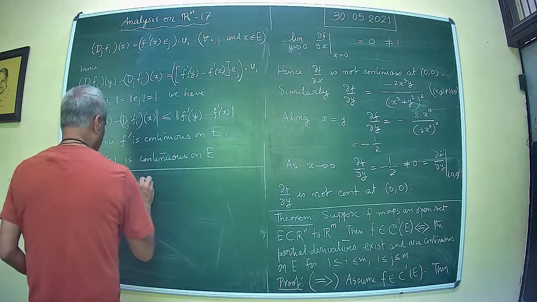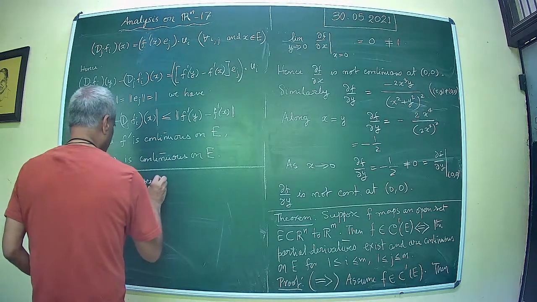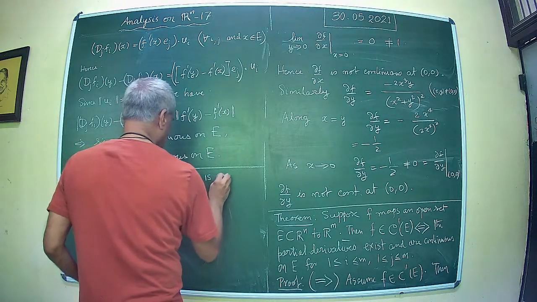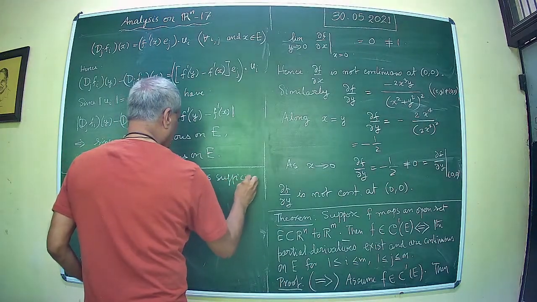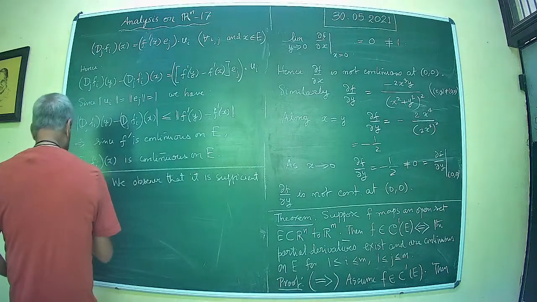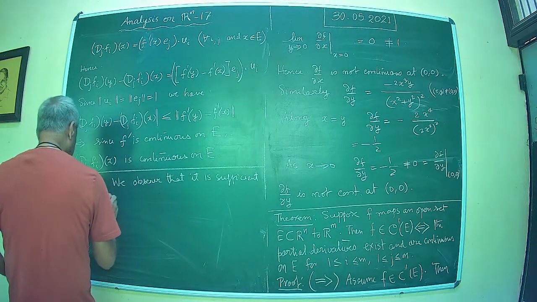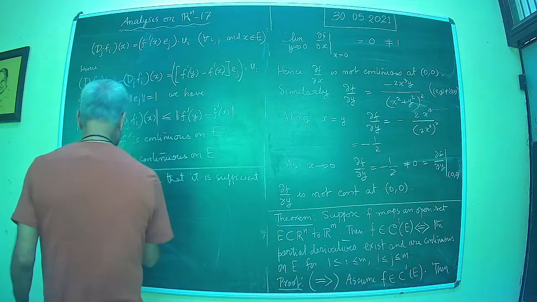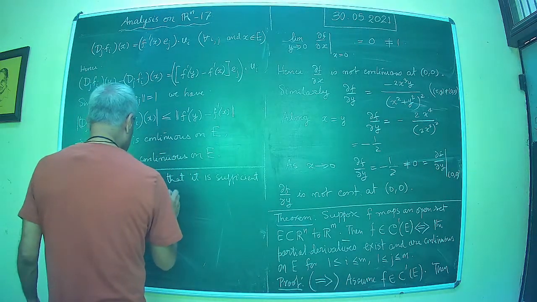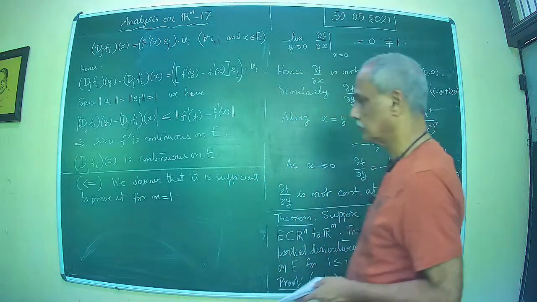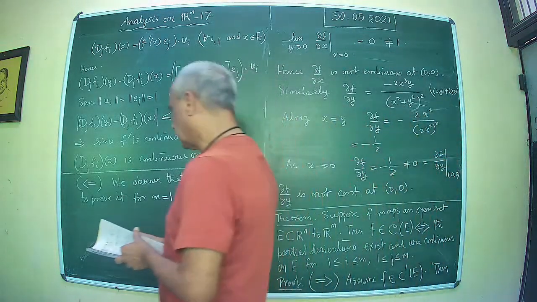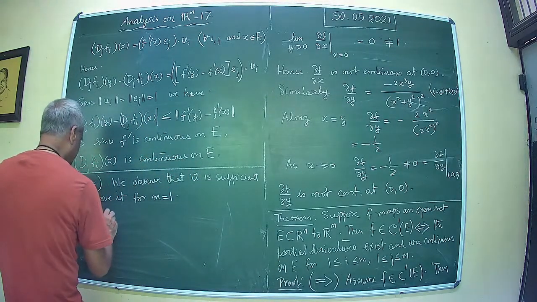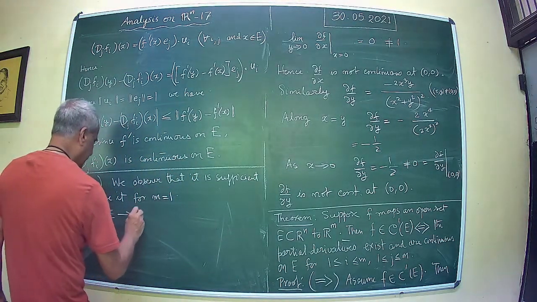Observe that to prove it, it suffices to take m equal to 1. Now why is it so? Because you see we have the function from E to R^n.